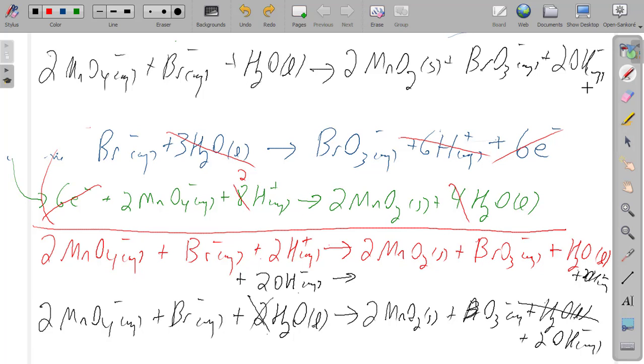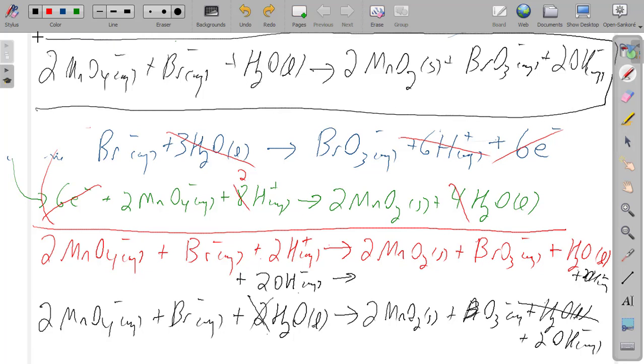And that should be the final equation. 2 permanganates plus bromide plus water yields 2 manganese dioxides plus 1 bromate plus 2 hydroxides. And now, again, you can look at it and it'll still mass balance and charge balance as well. And this is the final answer to the second question. This concludes Lecture 1.